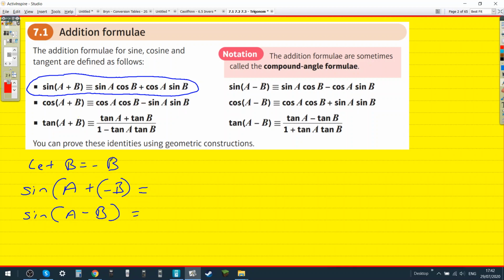Wherever there's a b, change it into a minus b. Why? We're proving stuff. You cheaters, man. Sine a cos minus b plus cos a sine minus b.